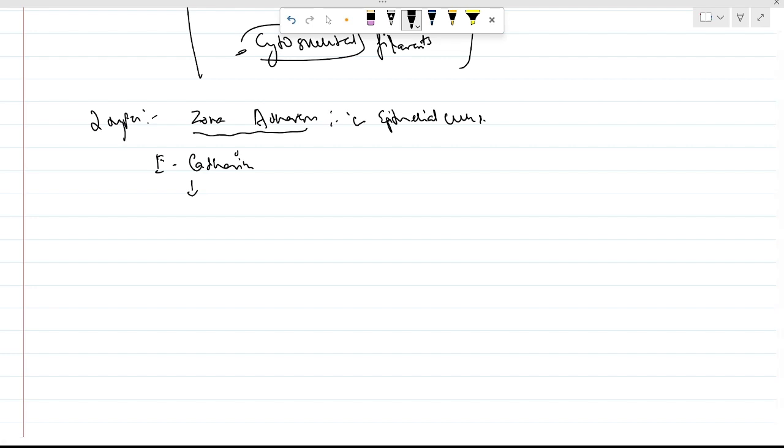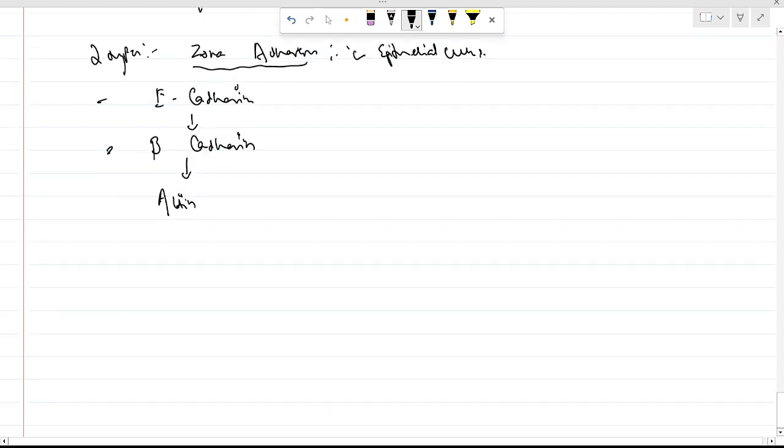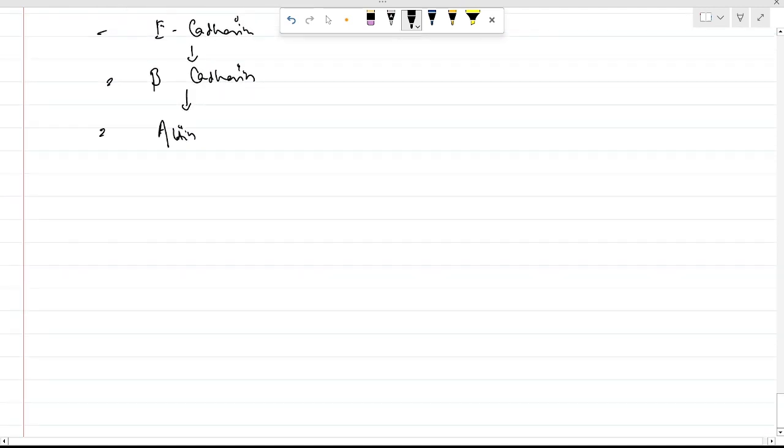This linker protein is further attached to a cytoskeletal filament, which in this case is actin.